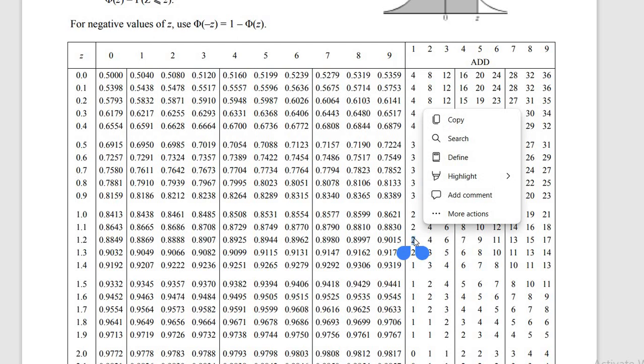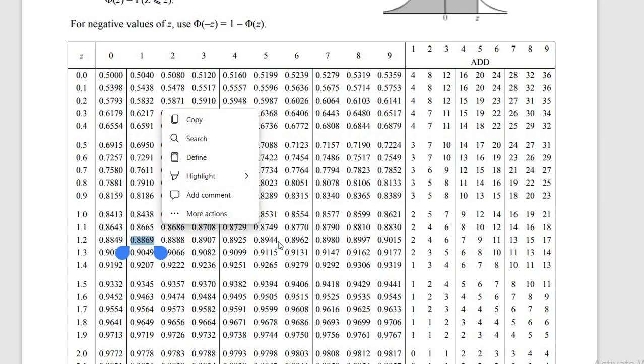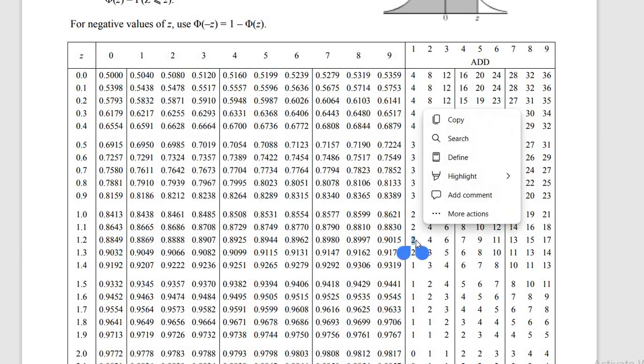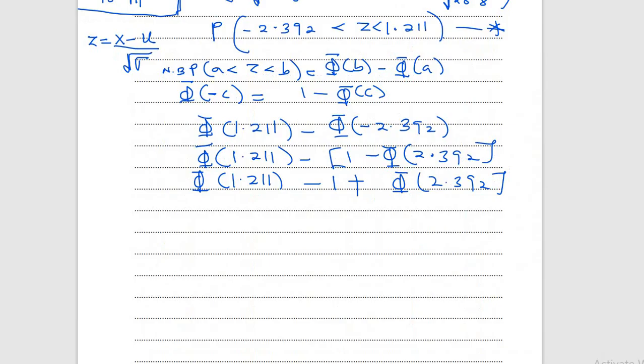So you are going to add this with this, but this will now come as 0.0002 to match the decimal places of the first one. That gives us 0.8871. So this one is 0.8871 minus 1 plus, let's do the same thing.